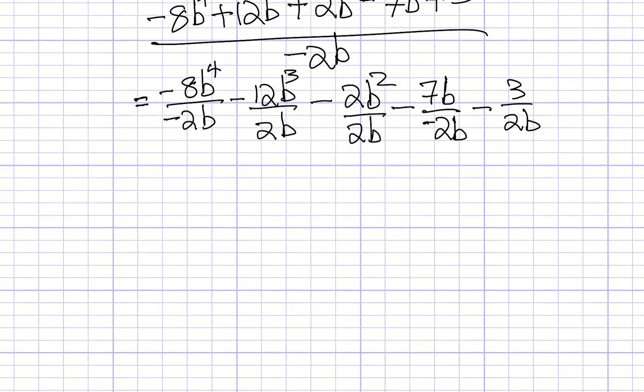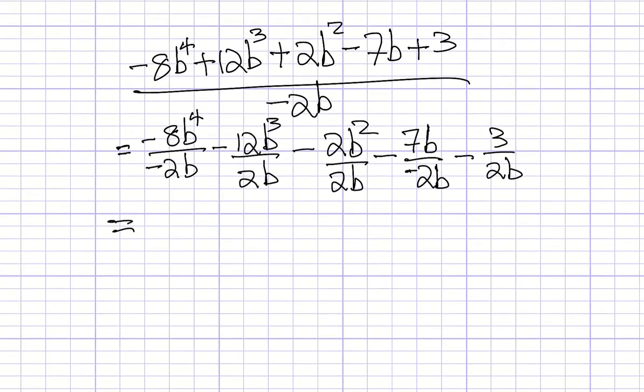Okay, we'll simplify that. What do we get? Everything will become positive on the first one. It will be 4 and then b raised to the power 3. You see it, right? This one will be 6b raised to the power 2.